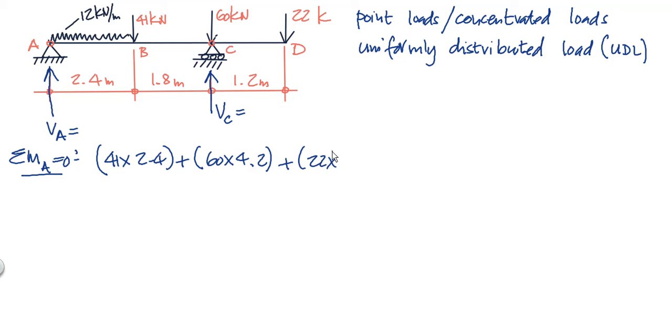So the full distance from the point of application to the point of rotation is 5.4, minus. Why minus? Because VC is anti-clockwise with respect to A, and VC is 4.2 meters away.